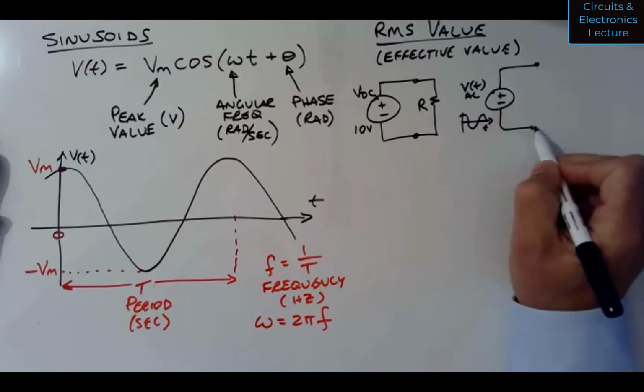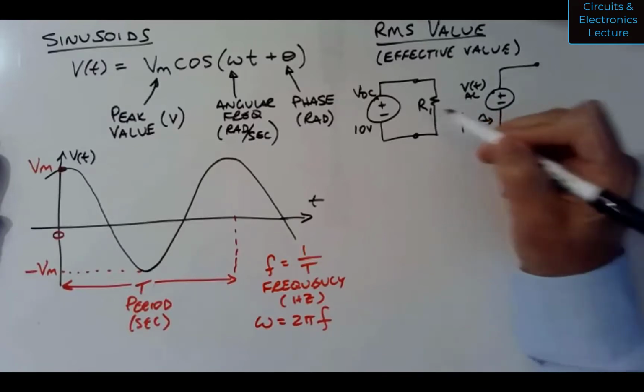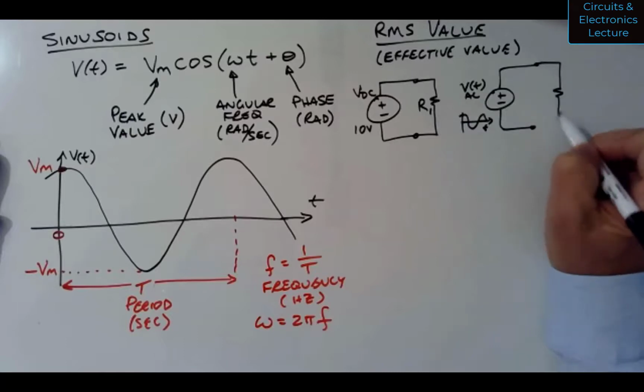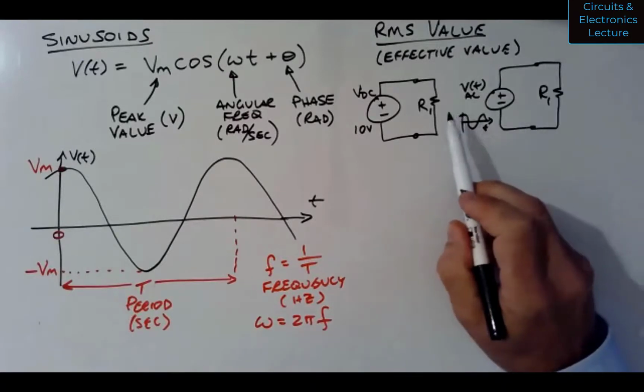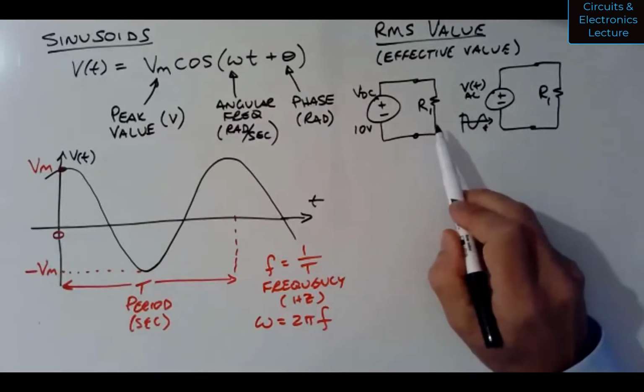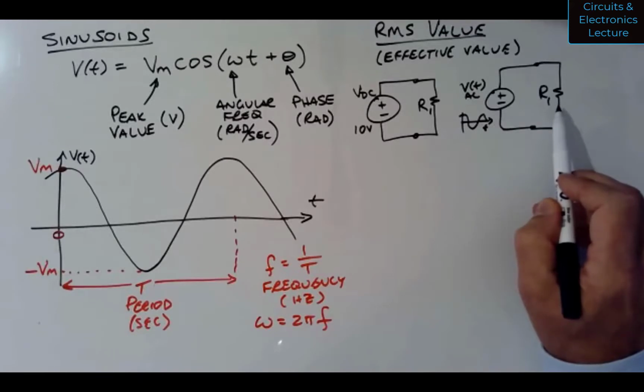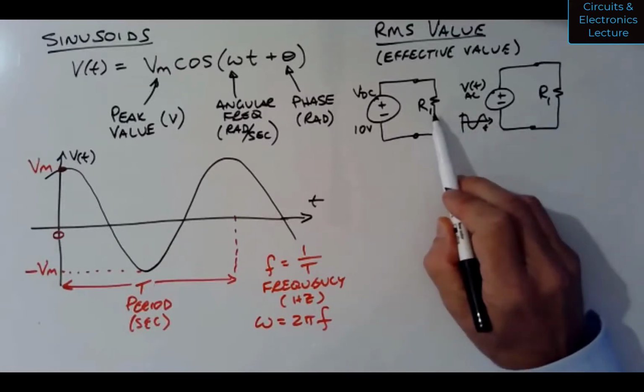I connect that source to the same resistor, R1. Let's suppose that I want to deliver the same amount of power to the R1 on the right as I do to the R1 on the left.